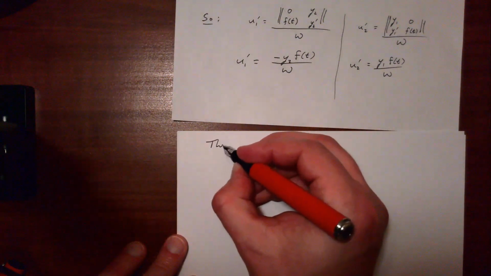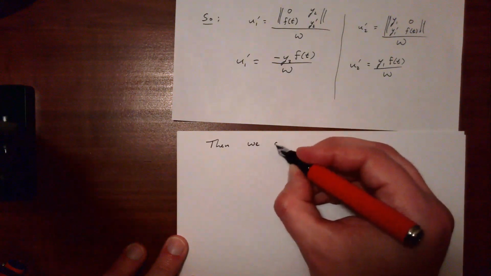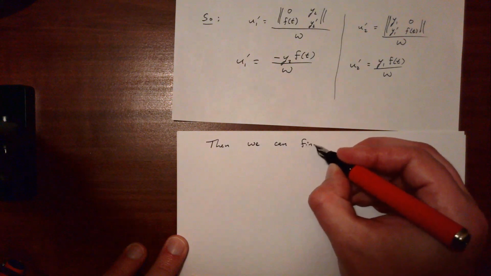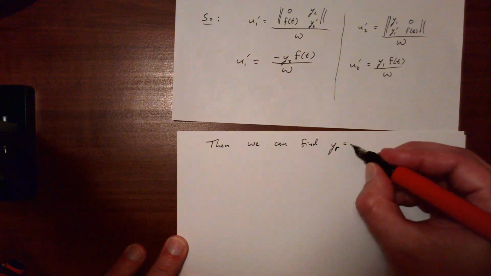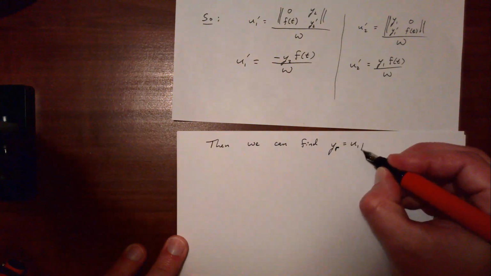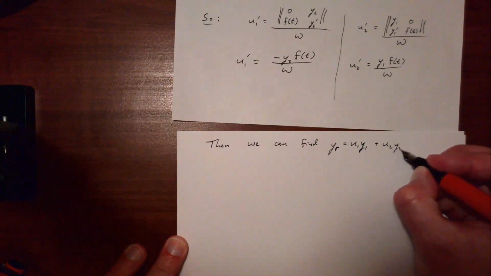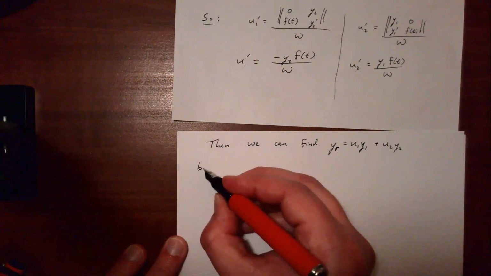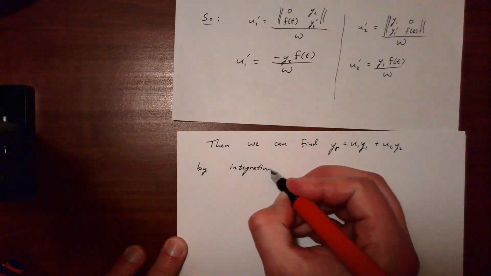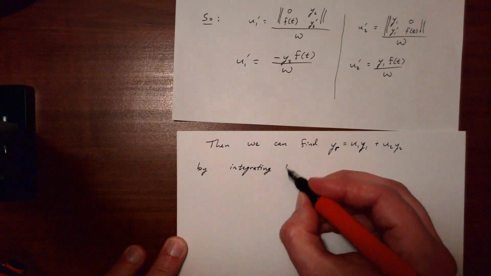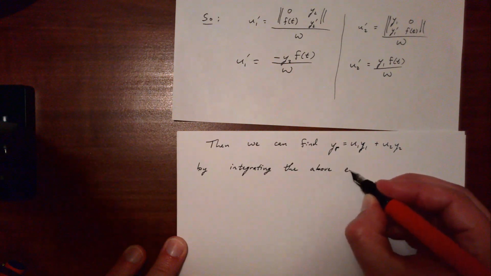So then we can find yp equals u1 y1 plus u2 y2 by integrating the above expressions.